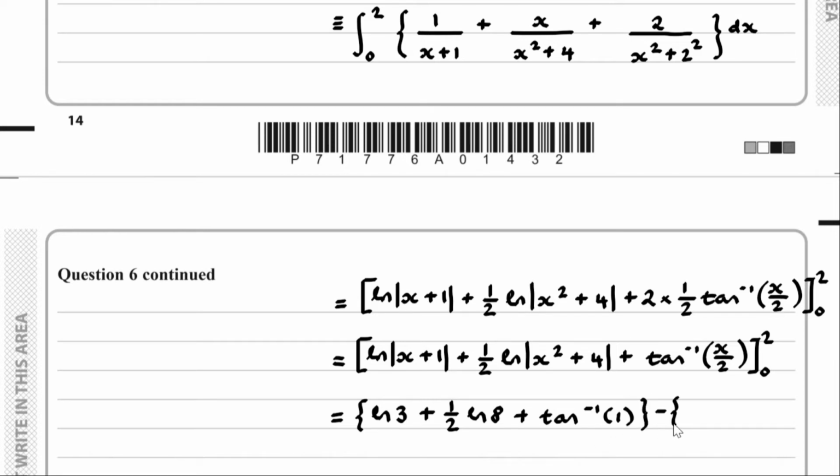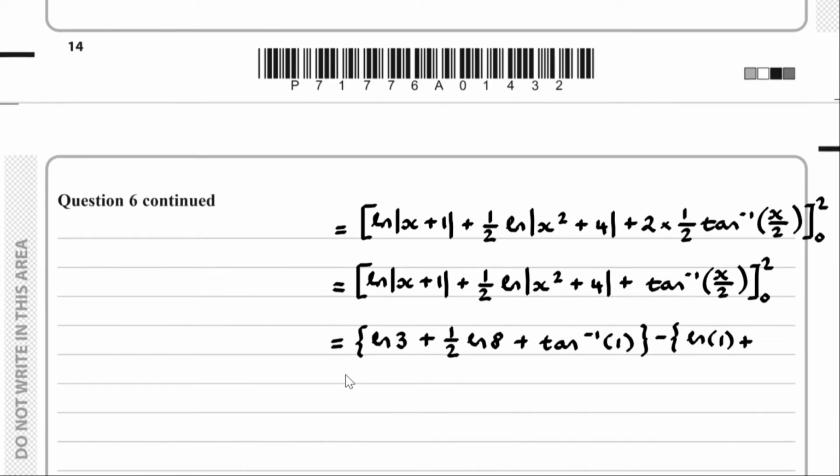And then for the lower limit, I've got the natural log of 1. And then here I've got 1/2 times the natural log of 4. And then I've got the inverse tan of 0.